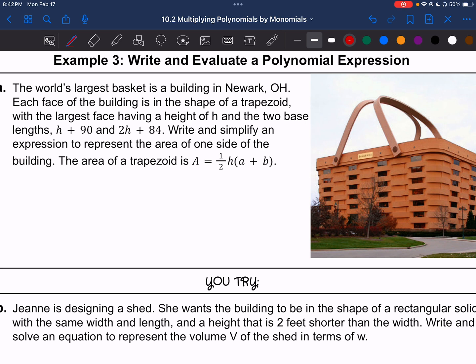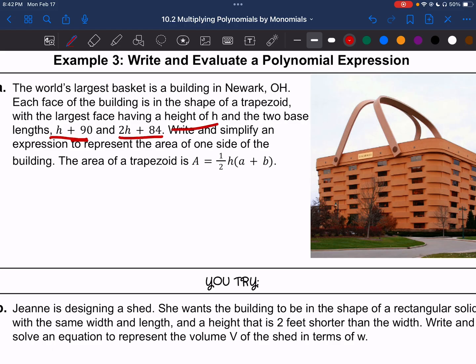The area of a trapezoid, if you don't remember, is A is equal to 1/2 times h times the quantity A plus B. All right, so let's see what we've got here. So first of all, that's our A and B right there, our h plus 90 and 2h plus 84.